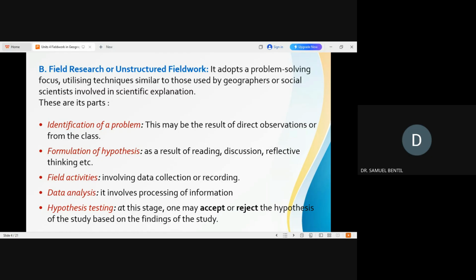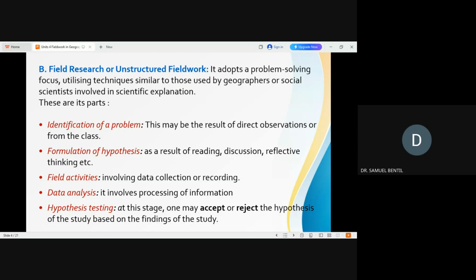Then from there, you must also formulate a hypothesis, which is an educated guess. And these things are also influenced by your experiences, your reading, and reflections so far as that activity is concerned. Then we have field activities, where at a point you must go to the field, collect data, observe.